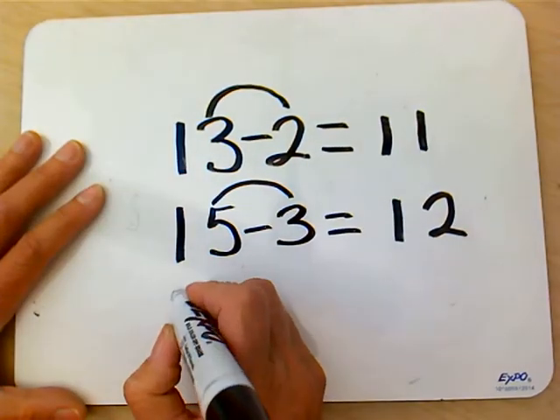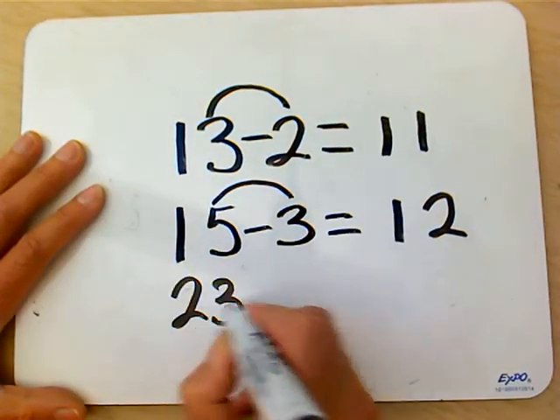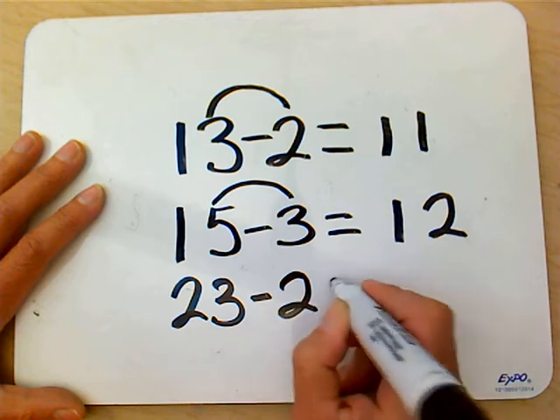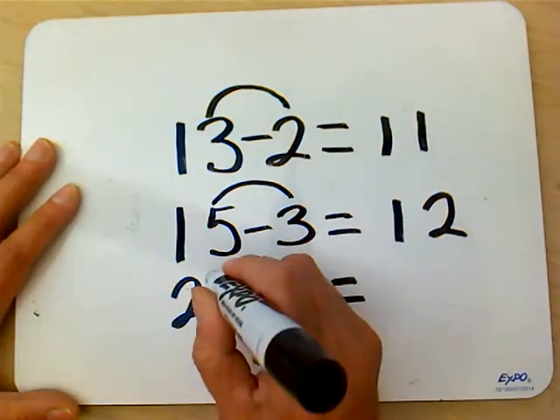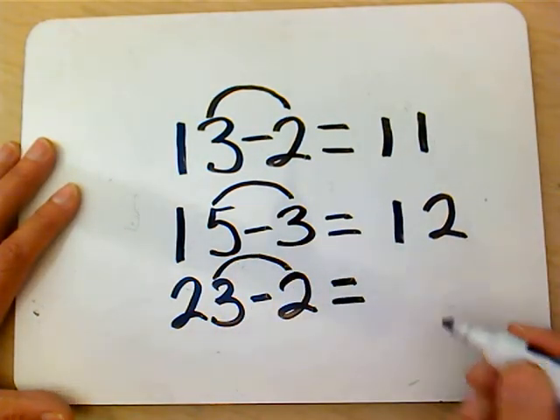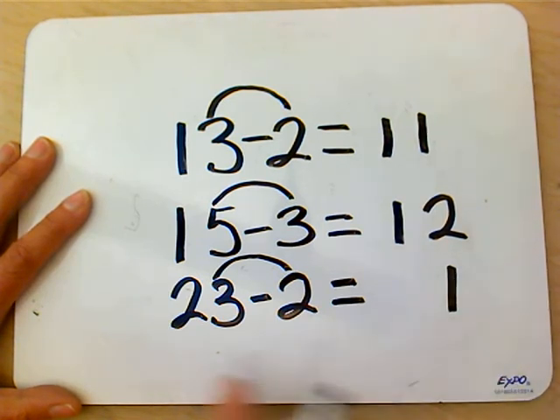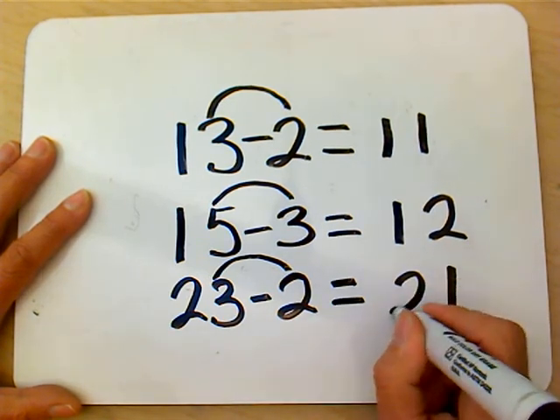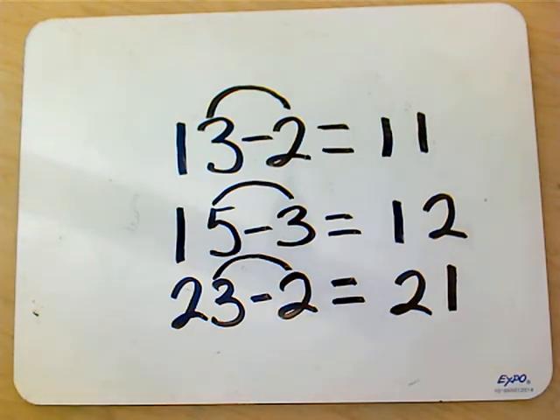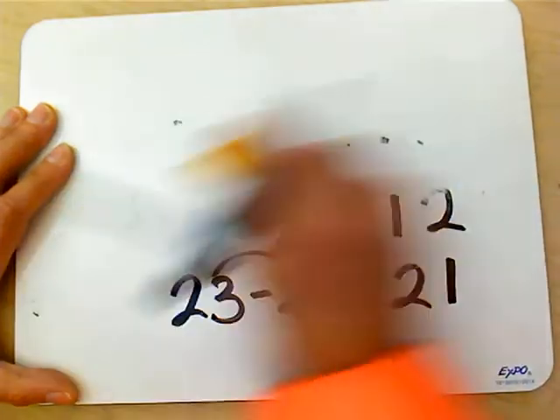Let's try one more. Let's do 23 take away 2. Well, that would be easy to do because I can take my ones away from my ones, and I end up with 1 one and 2 tens, or 21. So those kinds of problems are very easy to do. I don't even have to think hard. They're just simple.